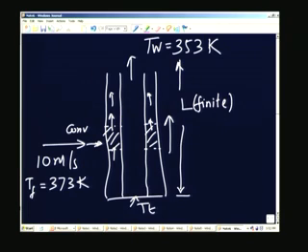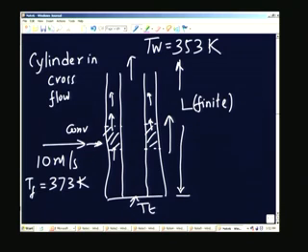So, the governing equation is somewhat similar to the previous case, and again I am not going to go through the calculation procedure. What I am going to do is just to indicate how to make the calculation. The heat transfer from the fluid to the outside of the cylinder is treated as a cylinder in cross flow, and the heat transfer coefficient depends on some specific parameters.